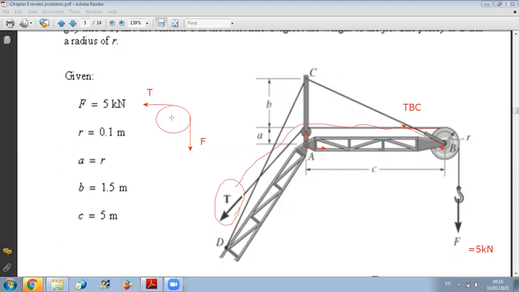So I have forces Bx and By connecting the pulley to AB.